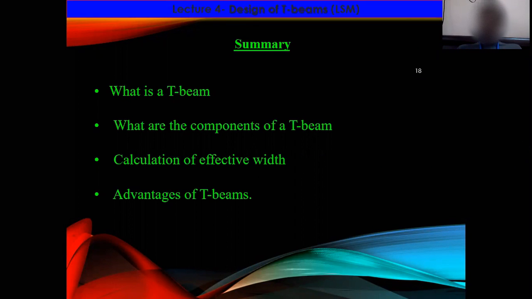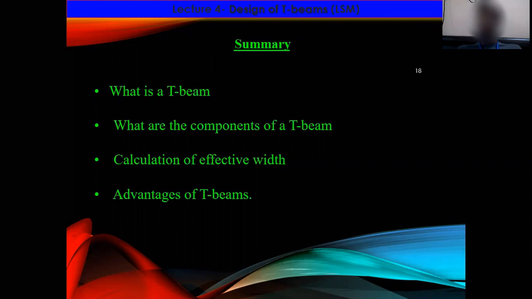In this lecture, we discussed what is meant by a T-beam, where it is used, where it is to be designed as a T-beam and where as an L-beam, right? And why we consider it as a T-beam: because we are constructing the slab and beam monolithically, so the slab will also take some compression forces.